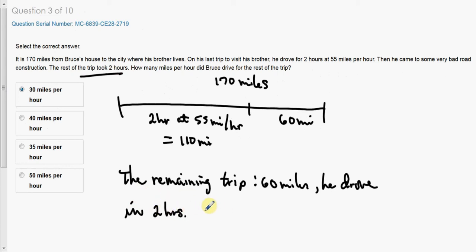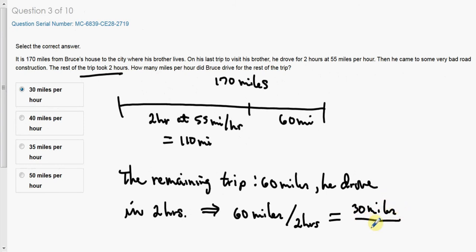So this implies that if he's doing 60 miles per 2 hours, then you simplify that, that's 30 miles in 1 hour. 60 divided by 2, right? It's 30.